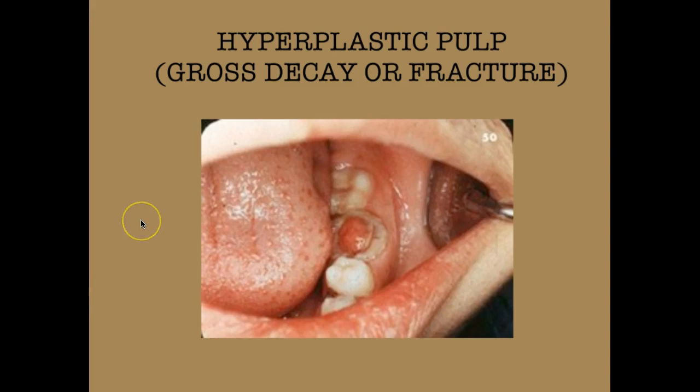A hyperplastic pulp is often caused by gross decay or a severe fracture, where the pulp actually becomes inflamed and exudes from the pulp chamber area and from the canals.